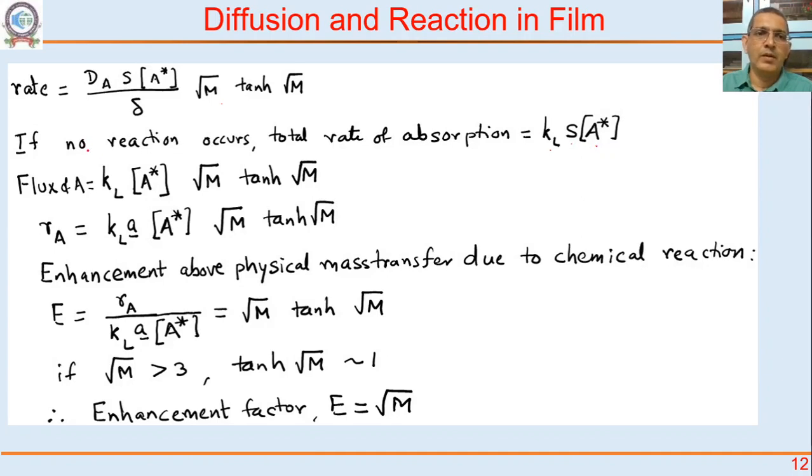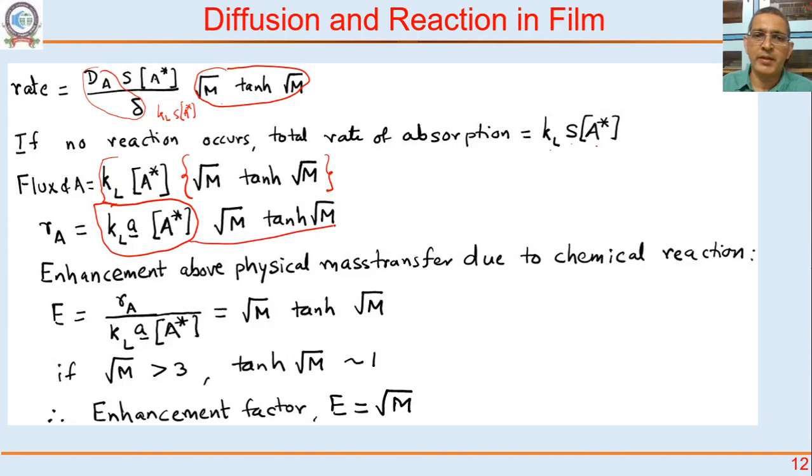So now this dA by delta, that's our KL. This is our KL S A star. What is our flux? What is the extra term? This is our extra term. So this term KL into A star, or if you want to write the volumetric rate, KL a into A star, represents physical mass transfer.